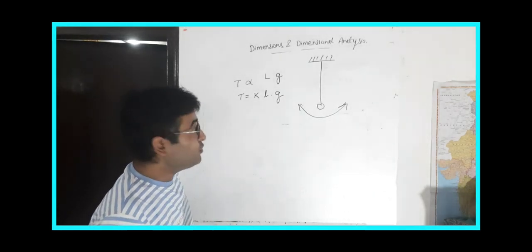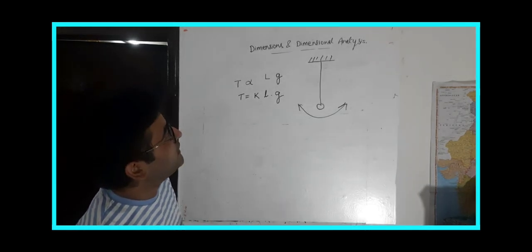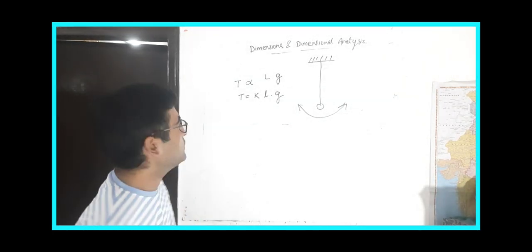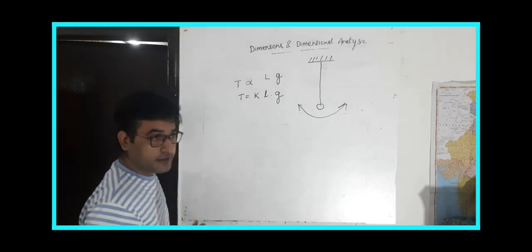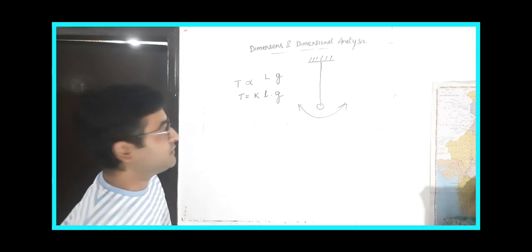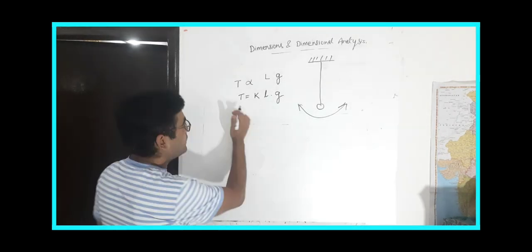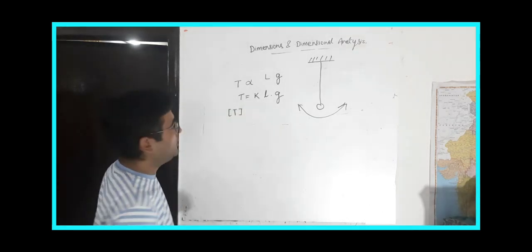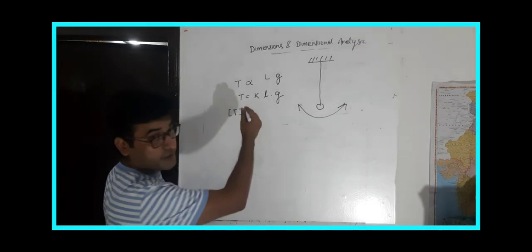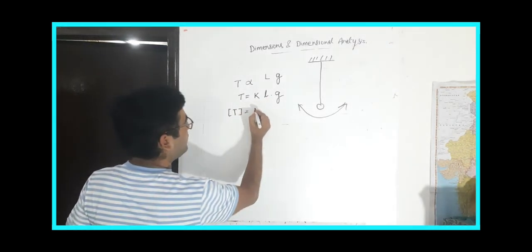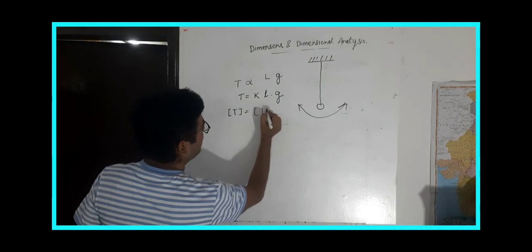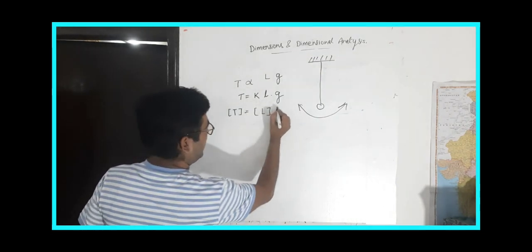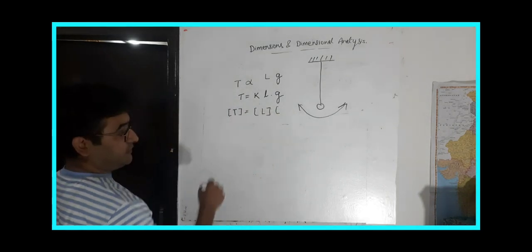Now, using the dimensional analysis method, we can deduce a formula for this. How? Now let us compare the dimensions. So T has the dimension only T, simple. And this constant is dimensionless. L will have a dimension of L, and g, we know that g is the acceleration.